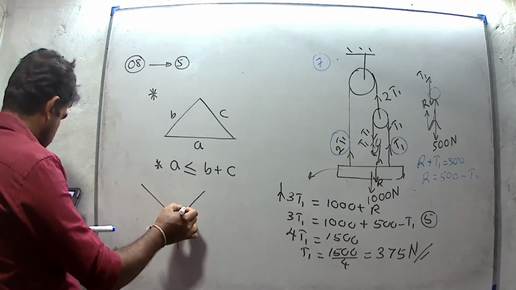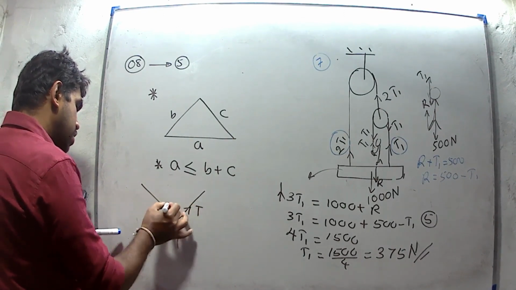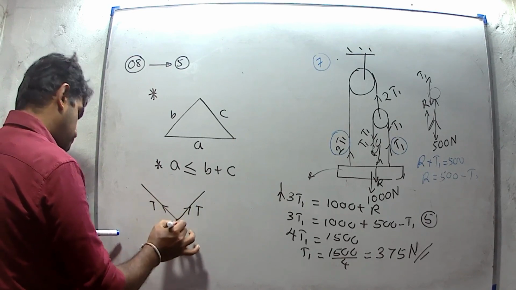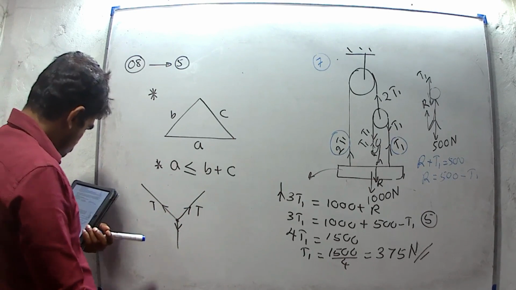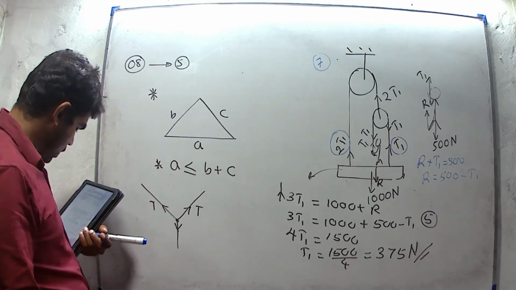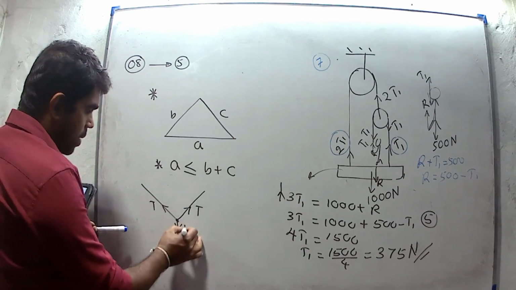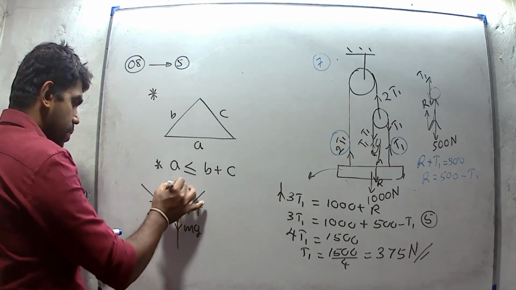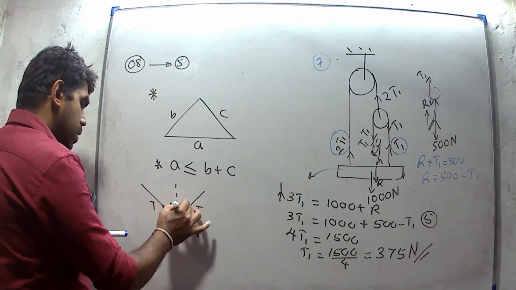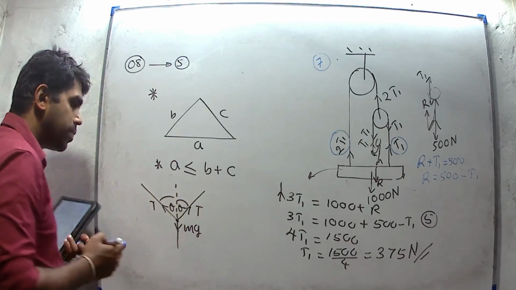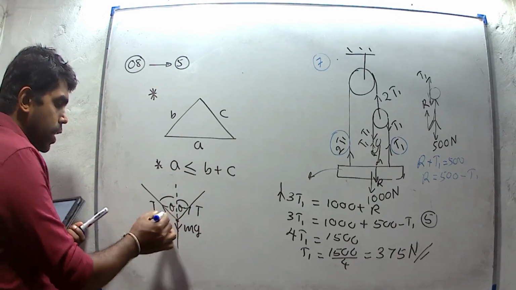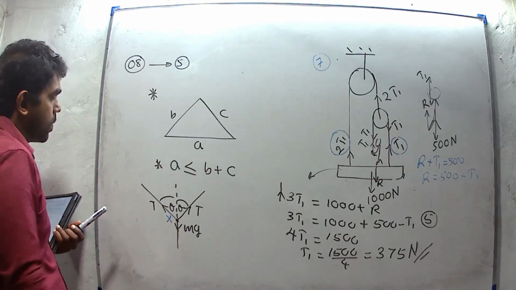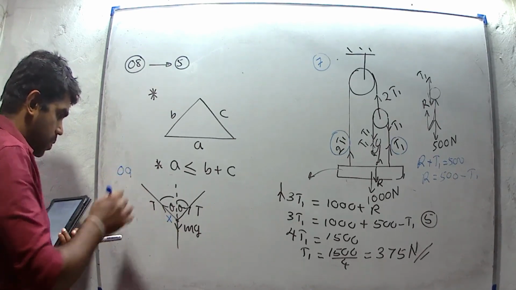In upward direction, this tension and this tension. In downward direction, the weight of the bucket. I will consider it as W. And they have marked the same angles theta. Now we have to consider equilibrium of this point X.